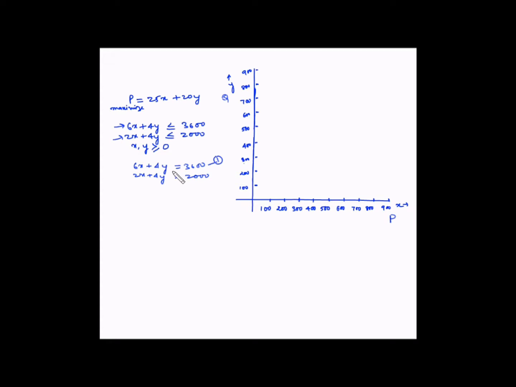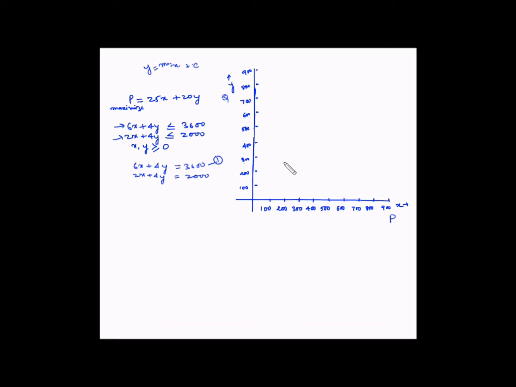Now, since this line represents a linear function, that is, it can be represented in the form y is equal to mx plus c, this equation will form a straight line on the graph. Since x and y are both positive, this line will intersect the y-axis as well as the x-axis.